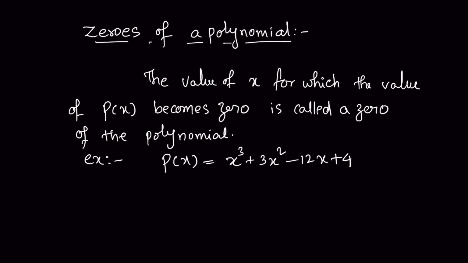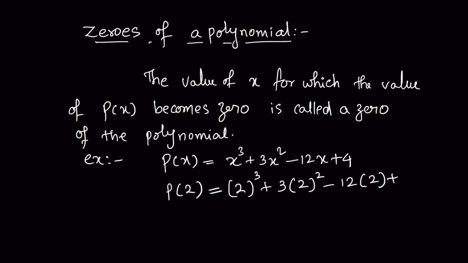Now, if you substitute 2 in place of x, let us find the value of this polynomial at x is 2. Let us substitute: x cube means 2 cube, plus 3 into x square is 2 square, minus 12 into x is 2, plus 4.